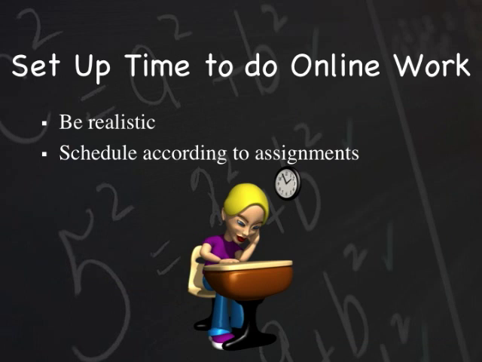This can cause a problem because students don't put in the necessary time to get the information in order to succeed in the class. Remember, you need to substitute those 3 hours of lecture time that you would normally get on campus with getting the information through some other format, typically through reading online lectures or the textbook. You need to set aside some time that will allow you to get the information in order to be successful in the course.